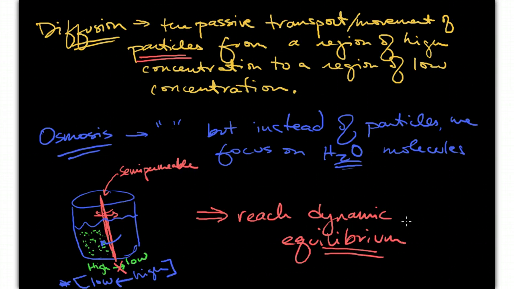These molecules move across because molecules are always moving. Even the chair that you might be sitting in right now, the molecules in it are moving. They're not stable unless they were at 0 Kelvin. They're bumping into each other and trying to spread out, and really what they're trying to do is reach dynamic equilibrium. Okay? So we're going to stop there. I think I've gone on long enough.